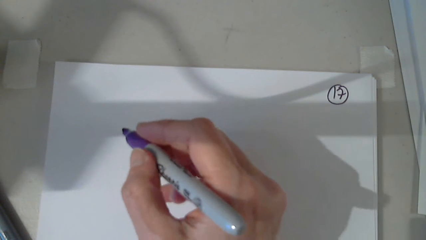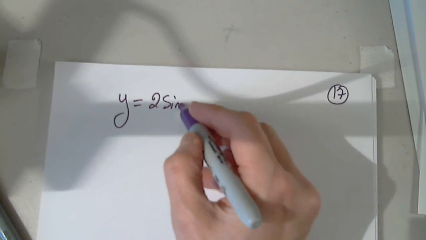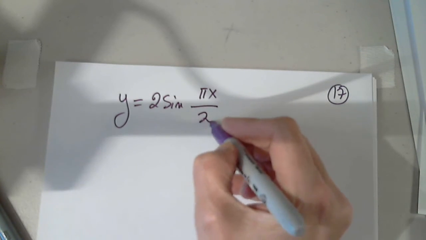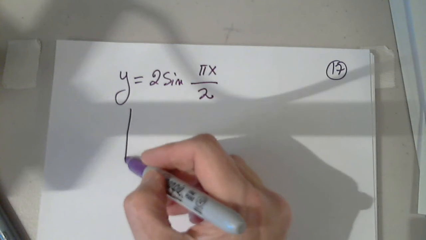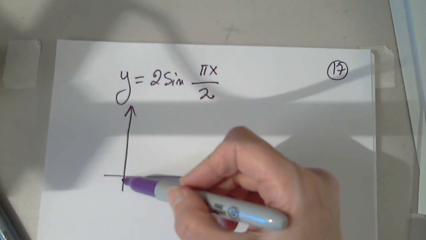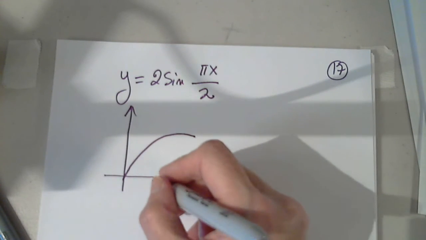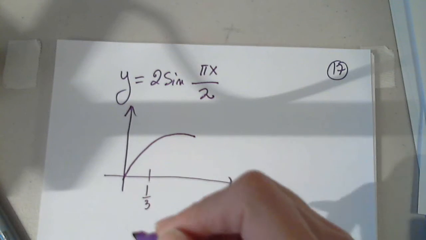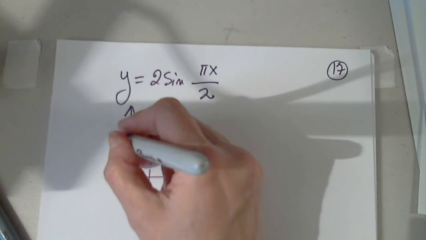We have a particle that moves along this curve, y equals 2 sine pi x over 2. As the particle passes through the point, so the graph of sine is something like this, and here's a point 1/3, 1.